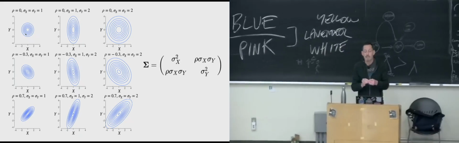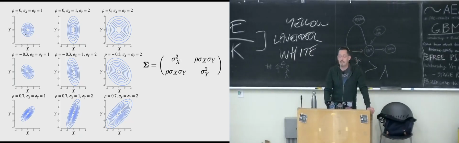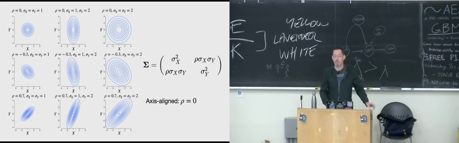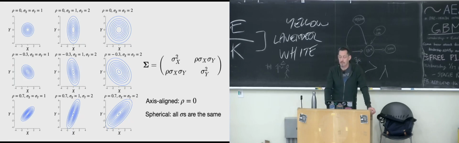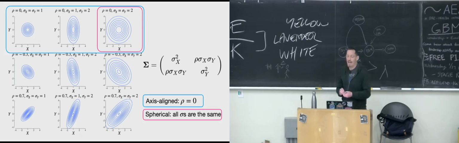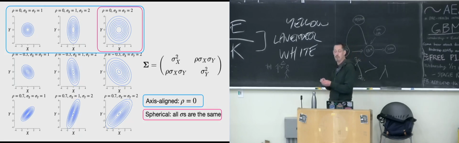Okay. So generically speaking, I want to point out a few special cases here, right? There's something called axis-aligned Gaussians. These are Gaussians where there's no correlation between the variables, right? So the entire top row is rho equals 0, no correlation.